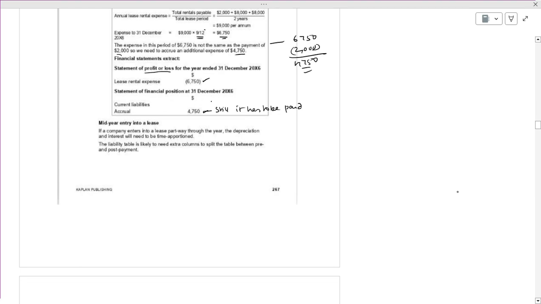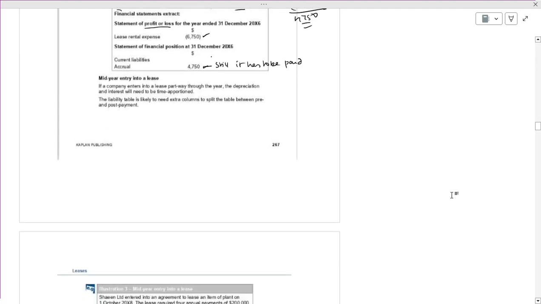Now, this is of the low value and short lease. What is the mid-year lease, mid-year entry into lease? If the company enters lease part way through the year, middle of the year. Till now we have done academically, from examination point of view, 1st January to 31st December.